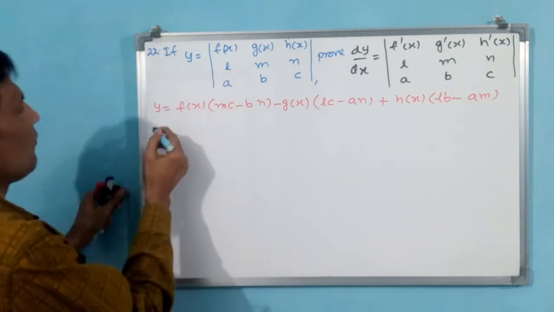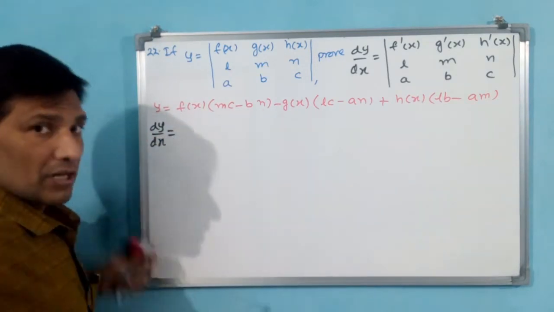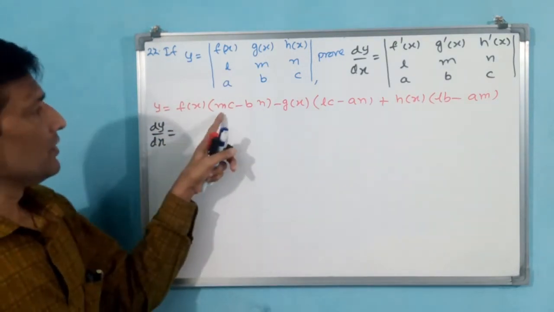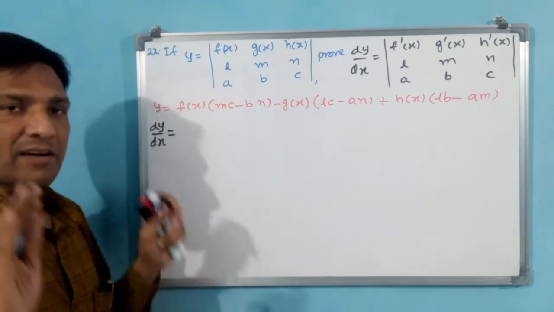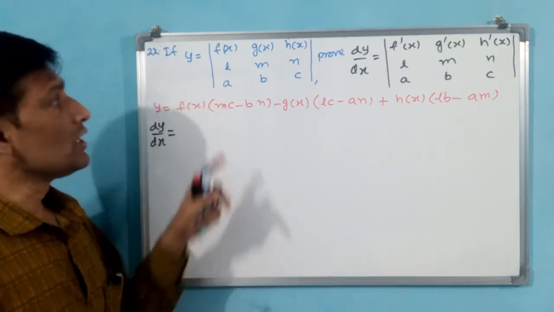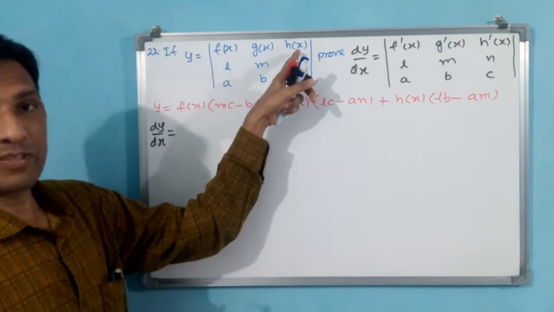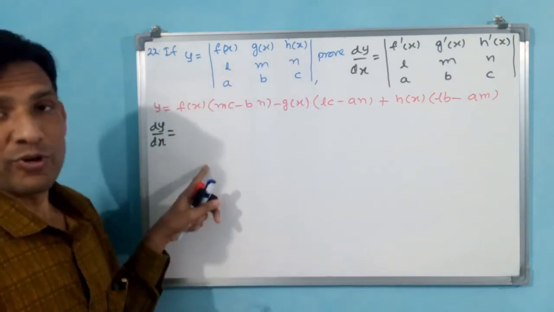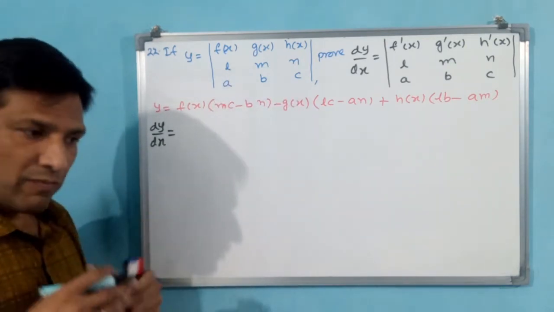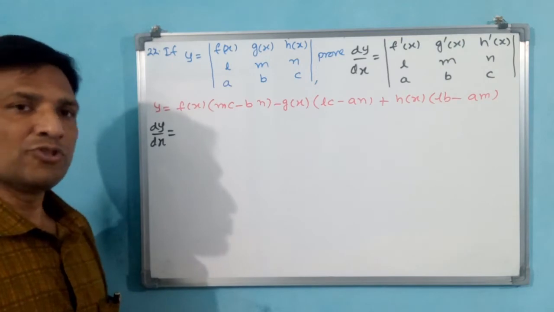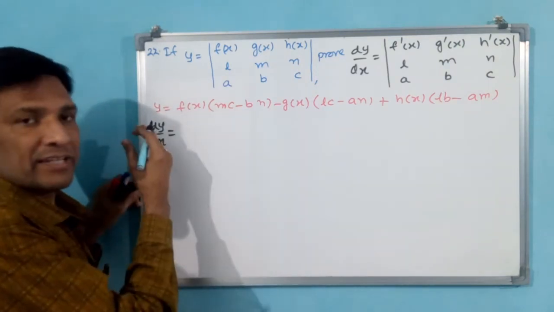Okay. See how I am doing. dy by dx is equal to. You see here, m, c, b, n are what? These are constants. Except x and y, all are constants, we know. But these are not constants. These are functions. f of x, g of x, h of x are functions. Function you can do differentiation. But if a constant is there, directly 0 will come. If constants are there as elements, element you take common.